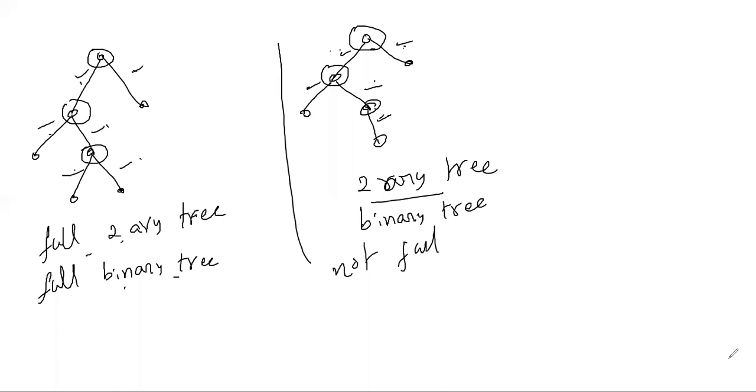Next, we come to the definition of an ordered tree. What does an ordered tree mean? In an ordered tree, the children are arranged in some specific order.